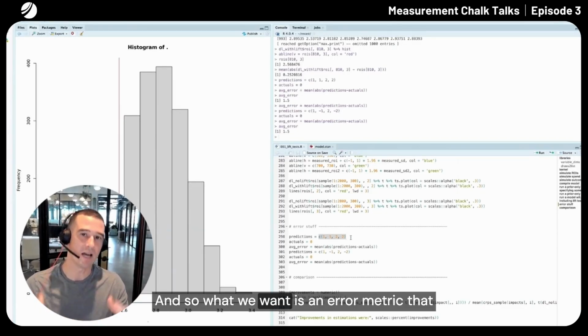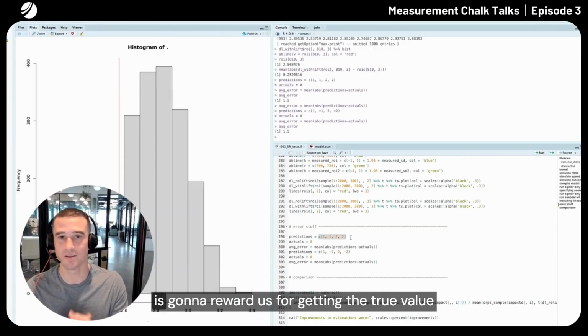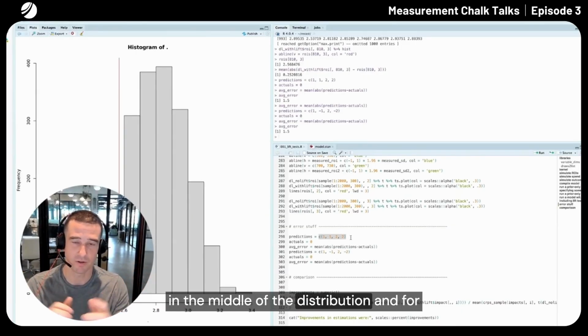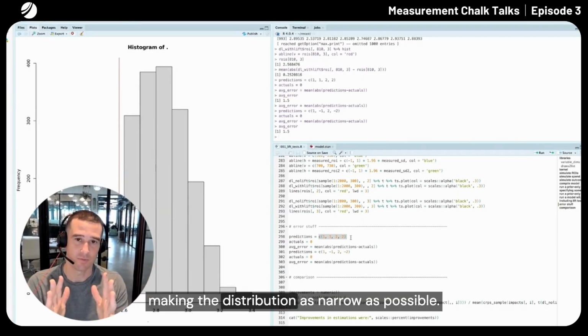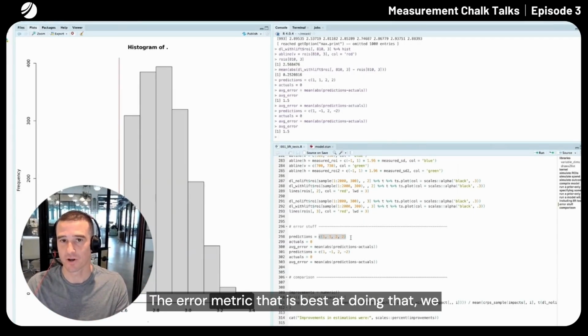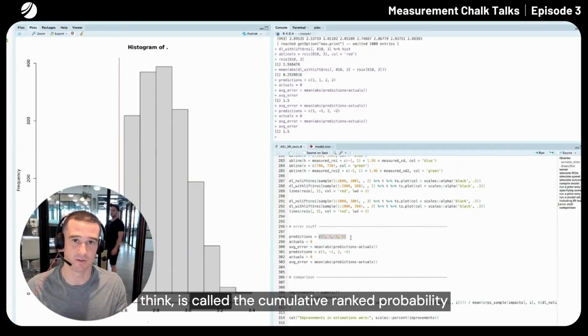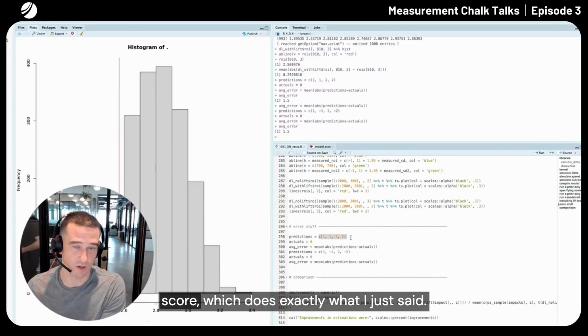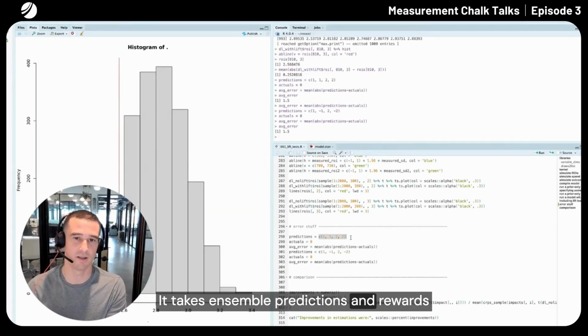And so what we want is an error metric that is going to reward us for getting the true value in the middle of the distribution and for making the distribution as narrow as possible. The error metric that is best at doing that, we think, is called the cumulative ranked probability score, which does exactly what I just said. It takes ensemble predictions and rewards those predictions for having the actual value in the middle and for the distribution of predictions being as narrow as possible.